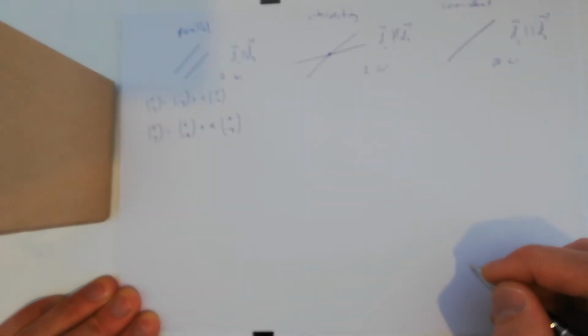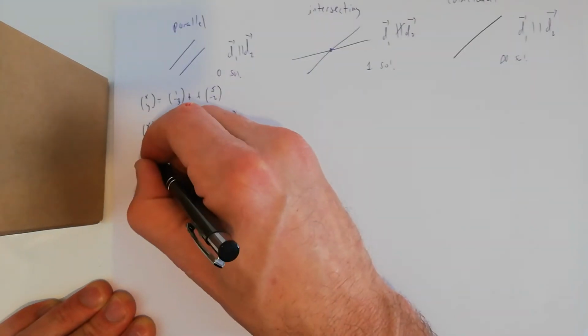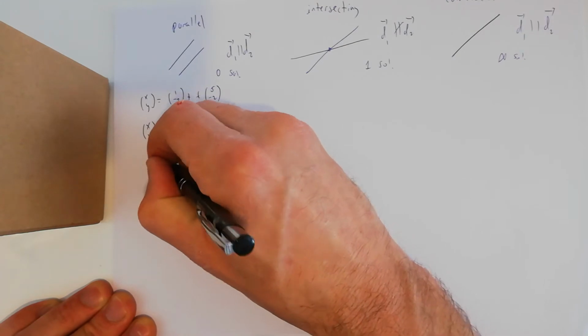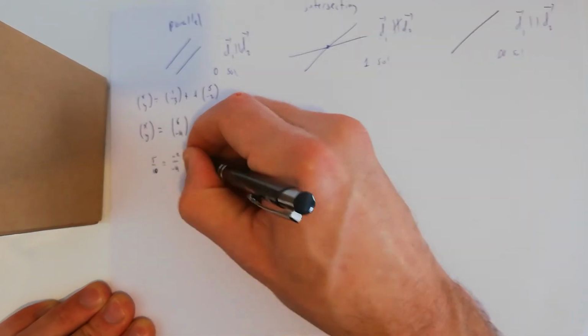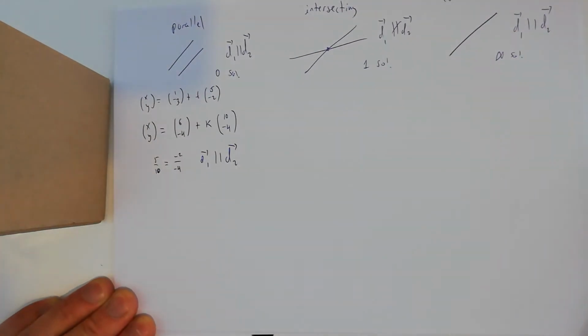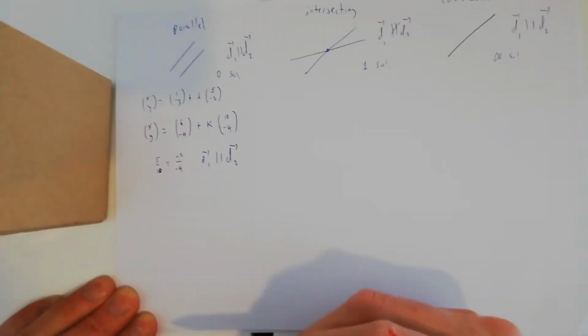First thing we have to do, of course, is to check if the direction vectors are parallel. As you can see, 5 over 10 is equal to -2 over -4. That means the direction vectors are parallel, so the lines are either parallel or coincident.